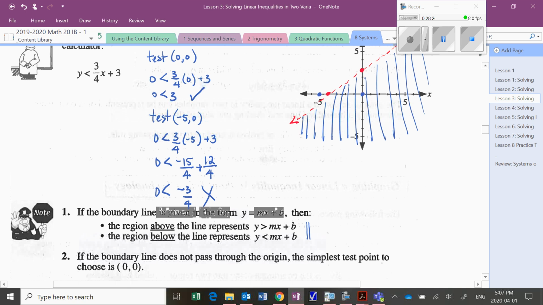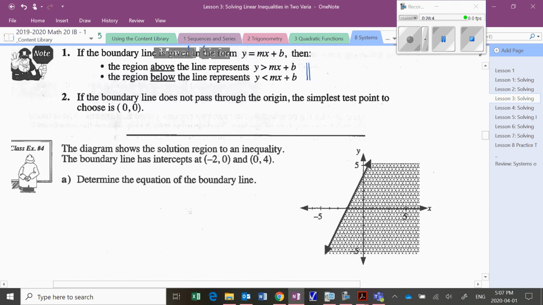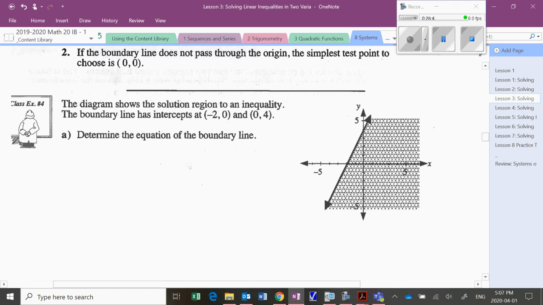My concern is that if it's rearranged in a slightly different way, then people get themselves confused as to which side to shade. So my thought is always just pick a test point. It's pretty simple to pick a value, just to substitute in, just to check. It literally takes you less than a minute to do that.